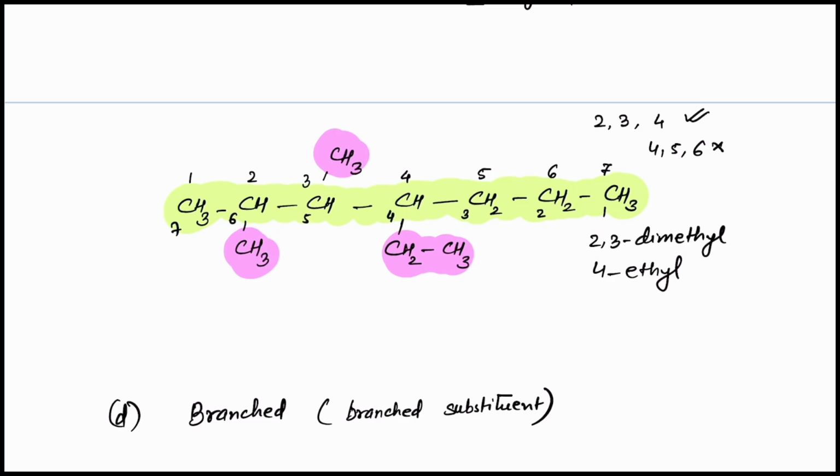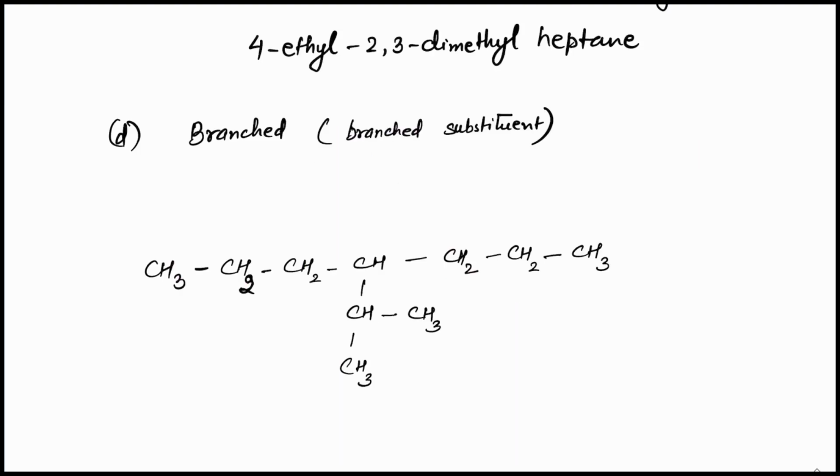Okay, so the name will be 4-ethyl, then 2,3-dimethyl, and there are 7 carbon atoms in the parent chain, so it's a heptane. That's the name of this compound.